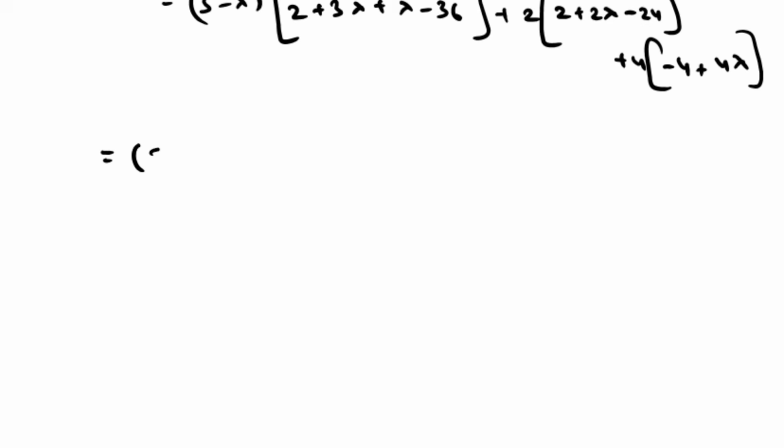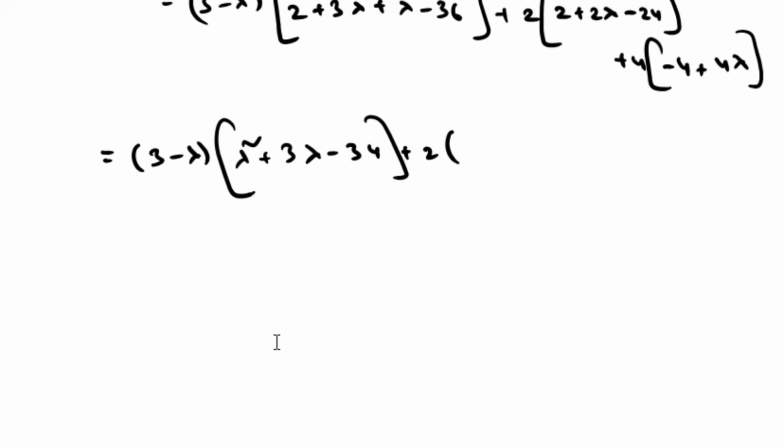We can write this as 3 minus lambda into lambda square plus 3 lambda minus 34, plus 2 into 2 lambda minus 22, plus 4 into 4 lambda minus 4, is equal to 0.